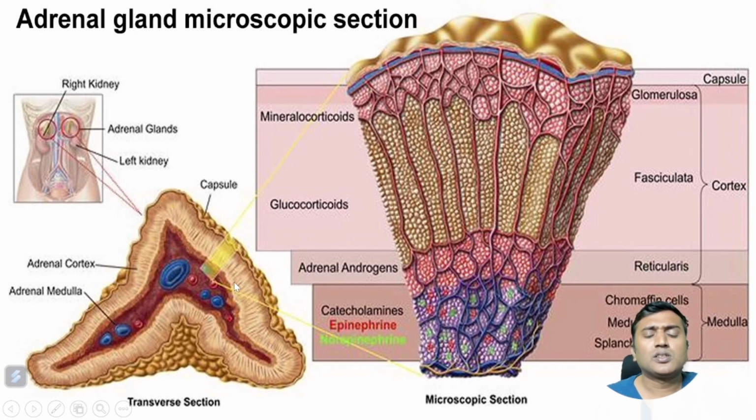The cortex is divided into three layers: first glomerulosa, second fasciculata, and then reticularis. The outer part, glomerulosa, secretes aldosterone, fasciculata secretes cortisol in stress conditions, and reticularis secretes adrenal androgens.